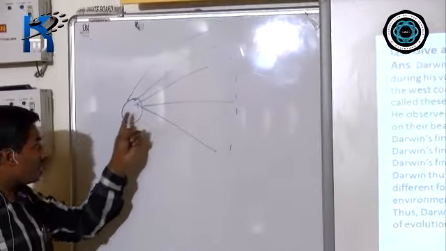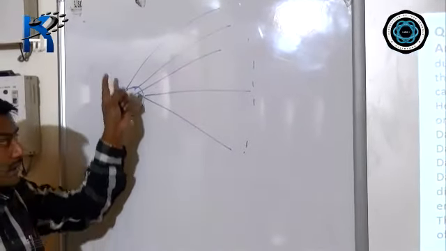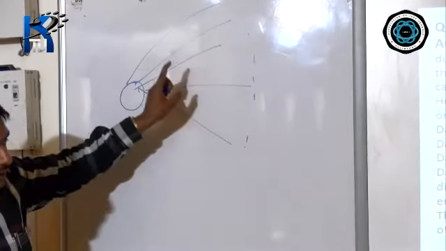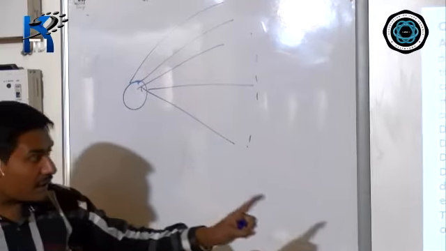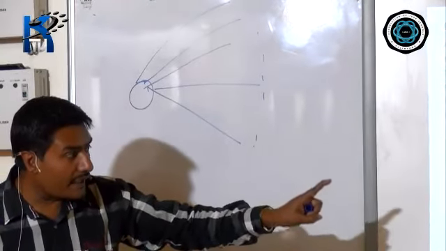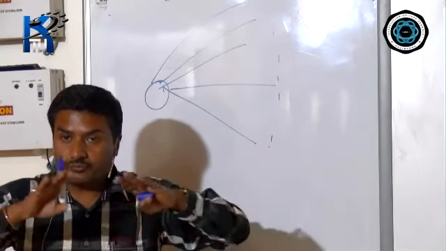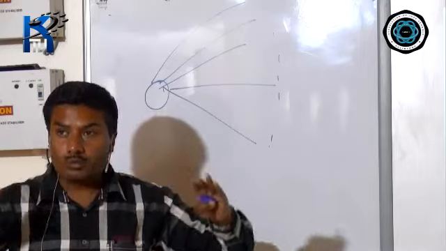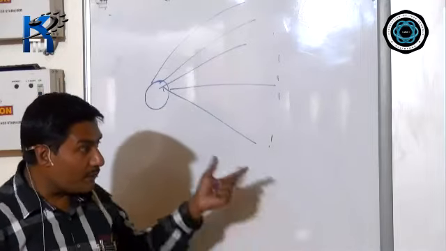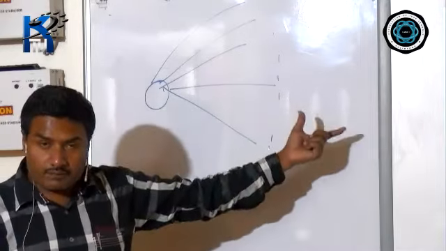So this gives a convergent also, and this gives an adaptive radiation also. Thus Darwin Finches provide a good example of adaptive radiation. That means these finches adapted to 14 different islands, and they were different from one another. So it gives one type of convergent evolution also.